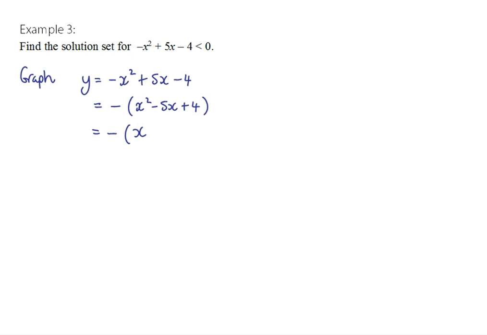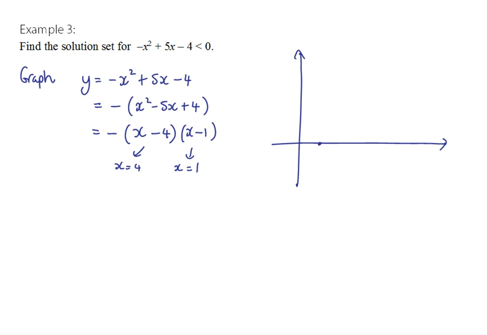So factors of positive 4 that add up to negative 5. So negative 4 and negative 1, which means that x equals 4 or x equals 1 are our x-intercepts. And this time we have a sad parabola, inverted.